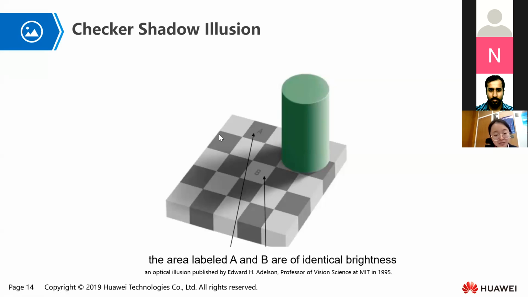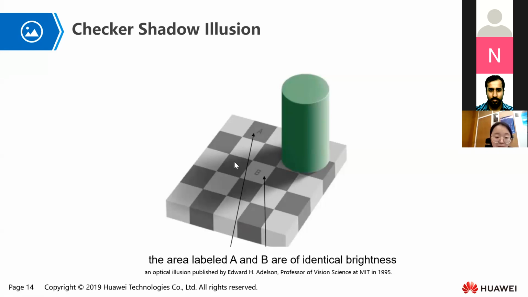But if we look at this checkerboard, it seems that A is darker than B, right? But actually A and B have the same brightness.